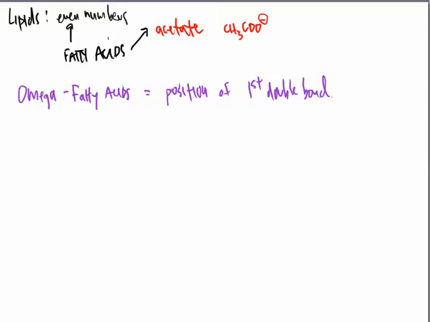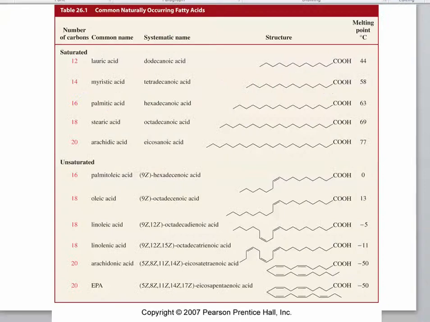So let's go back to this chart, and let's take a look at linoleic acid. So here's the structure for linoleic acid. It is an omega acid, which means there's a double bond involved. And I want to know where that first double bond is at. Now, what you got to keep in mind here, and this is where people do get confused sometimes, is that biologists really have done this, not chemists.